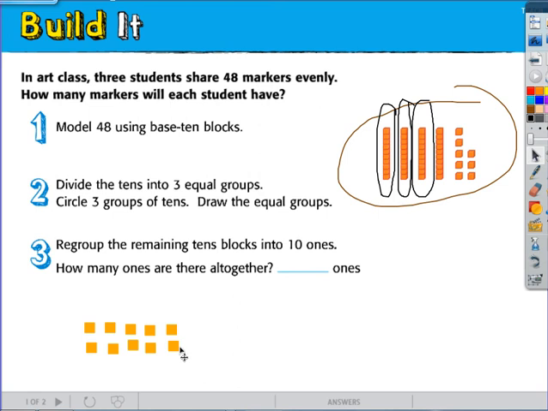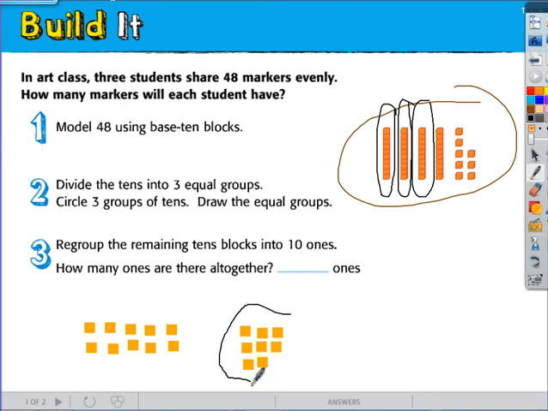So how many total do we have? 18, right? So I'm going to put 8 more. All right, so we have 8 more. So here's our 1, 2, 3, 4, 5, 6, 7, 8. So there's my original 8 ones.